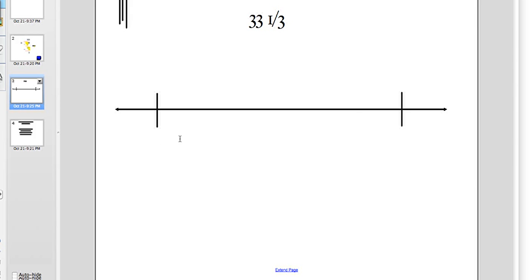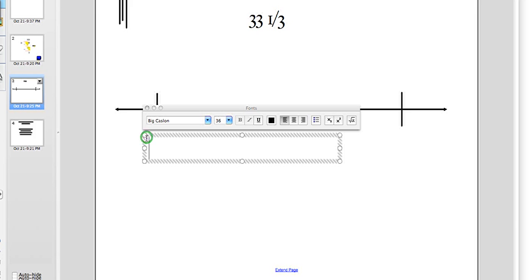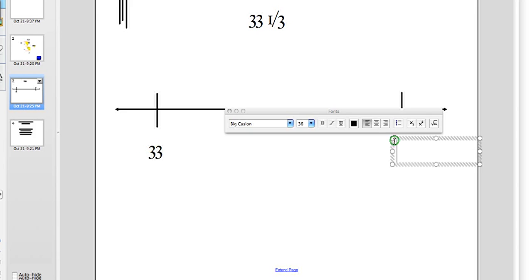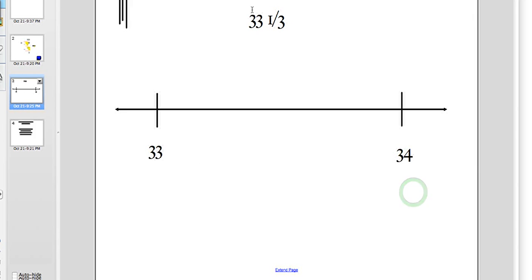So 33 and 1/3 is 33 and something, which means it's less than 34, because it's still 33.